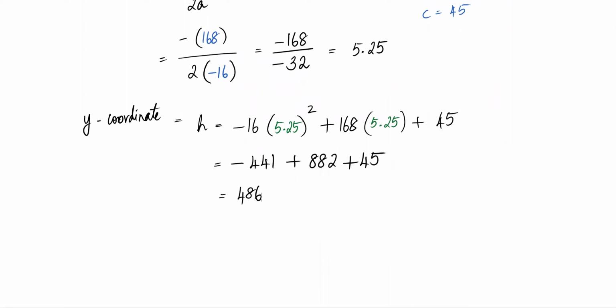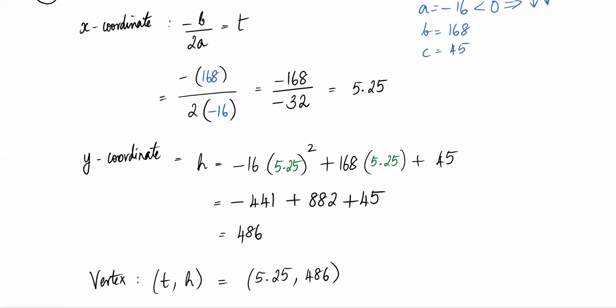You didn't have to do any rounding, really. It rounded itself nicely because of the 0.25 and all that. Okay, so we got our x, rather a t, and our h. So you can say the vertex is t comma h, which is 5.25 comma 486.